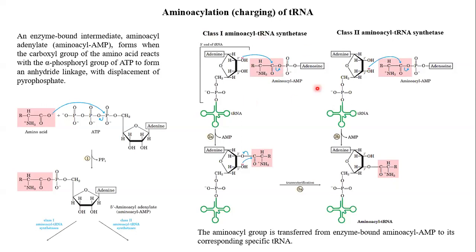This amino acyl AMP, and this is the transfer RNA with the CCA end. That's why here you can see the adenine nucleotide. Okay, this is the 3' end of the transfer RNA. So here the reaction will take place between the adenine and the amino acyl AMP.